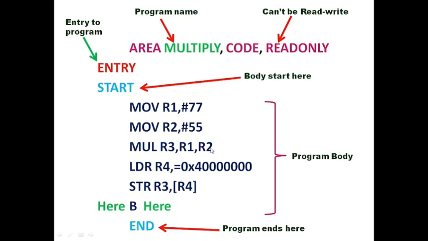The R1 content and the R2 content will be multiplied with each other, and the result will be stored in the destination register R3. And finally, the resultant multiplication result is available in R3, which can be stored in our internal RAM of ARM microprocessor.